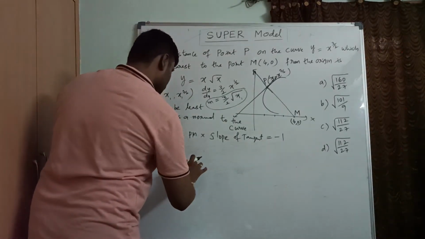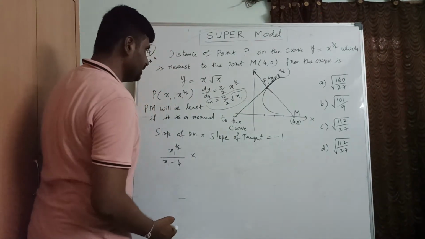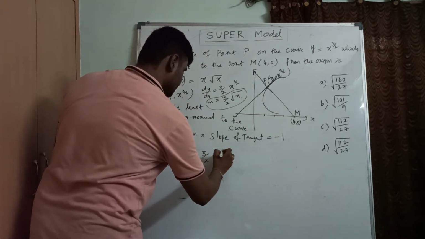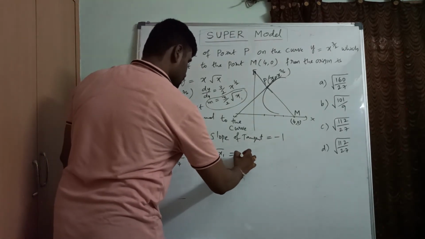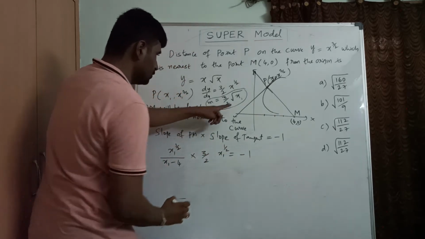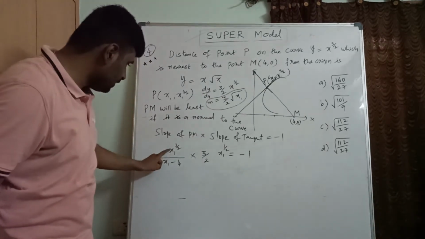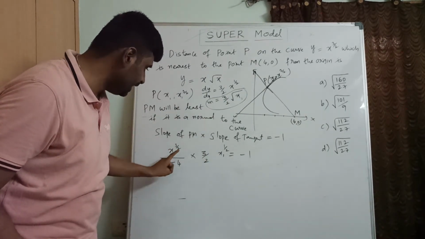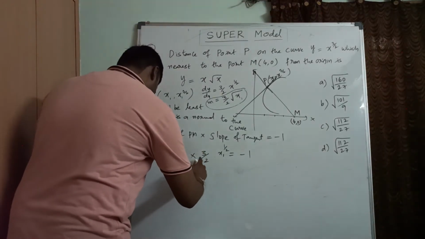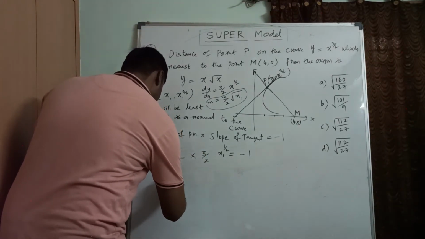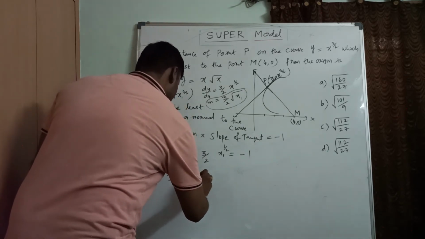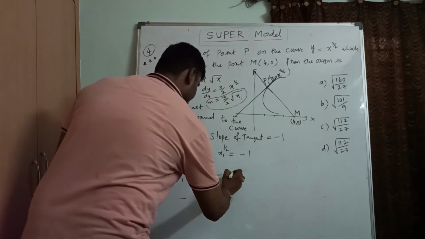Into the slope of tangent, 3 by 2 into root x1, equals minus 1. x1 power 3 by 2 times x1 power 1 by 2 gives x1 power 4 by 2, which is x1 square. So what will you get here? 3 x1 square plus 2 x1 minus 8 equals 0.